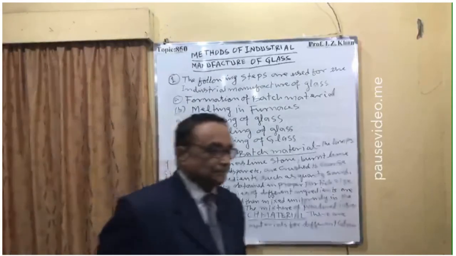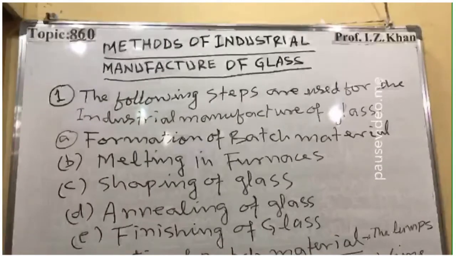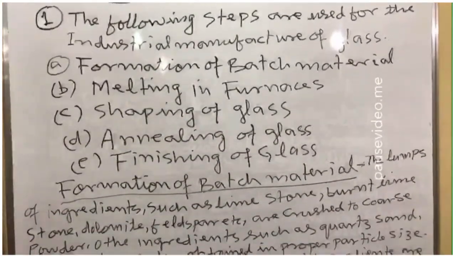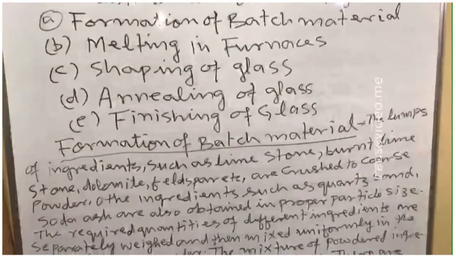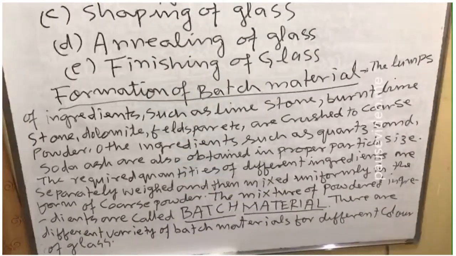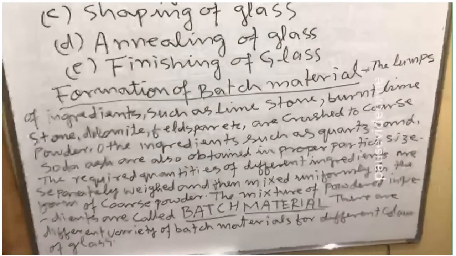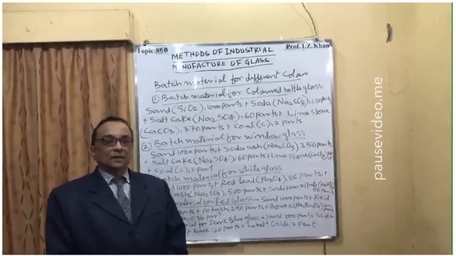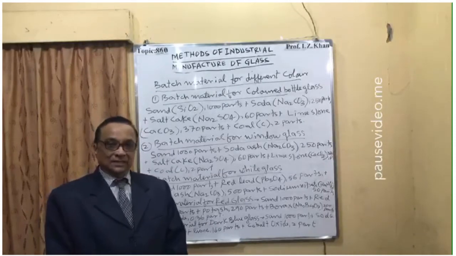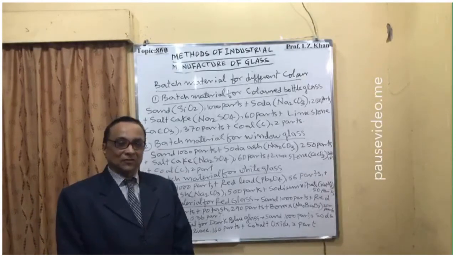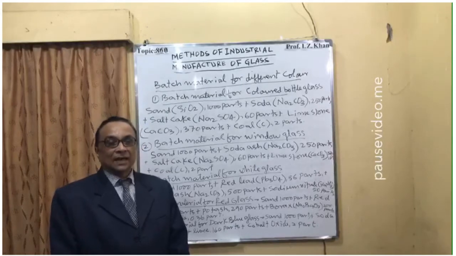The preparation of batch material is a very important step in the glass industry, especially for different color glasses, because some are for windows, some are blue, some are bottle glasses, and the ratio is very important.